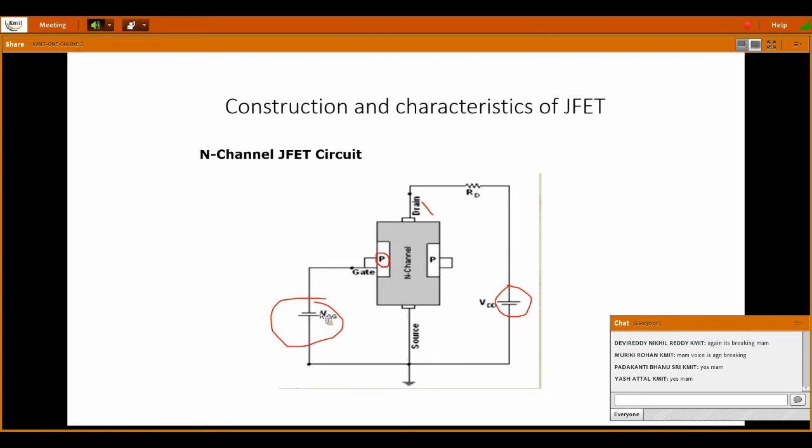Okay, so P is connected to the negative of the battery, and the N channel, the source terminal, is connected to the positive of the battery. So gate and source is always reverse bias, and drain is connected to the positive terminal of the battery. These are the conditions applicable only for an N-channel JFET. And if you are going for a P-channel JFET, then these polarities will be reversed.